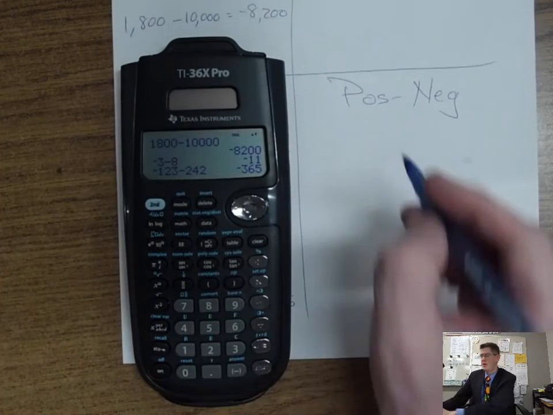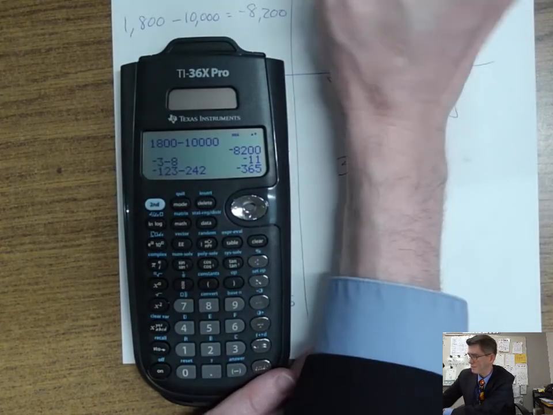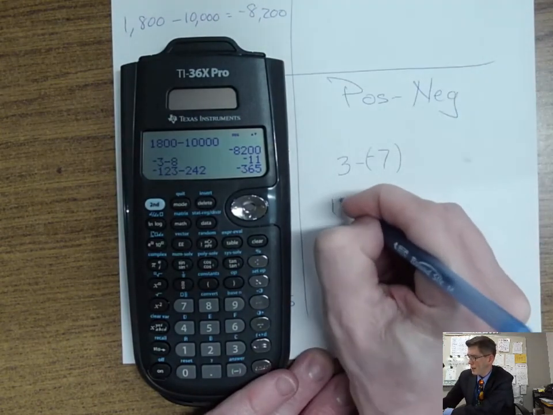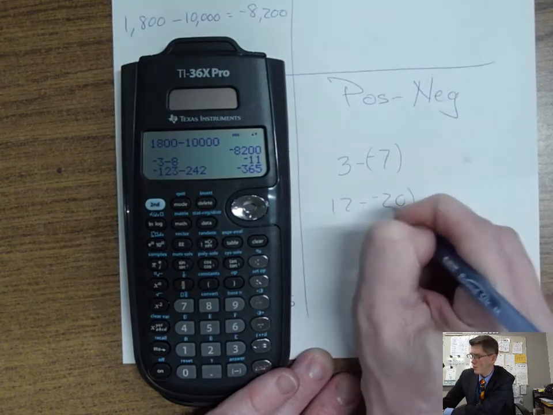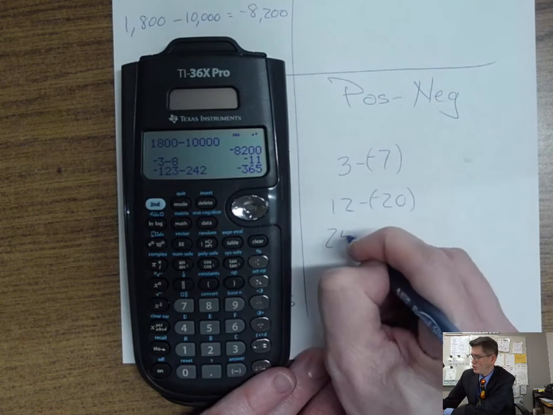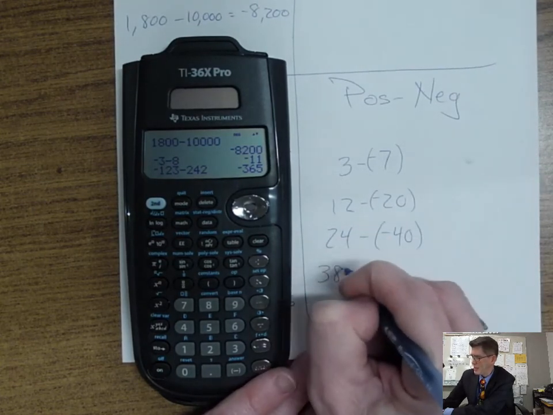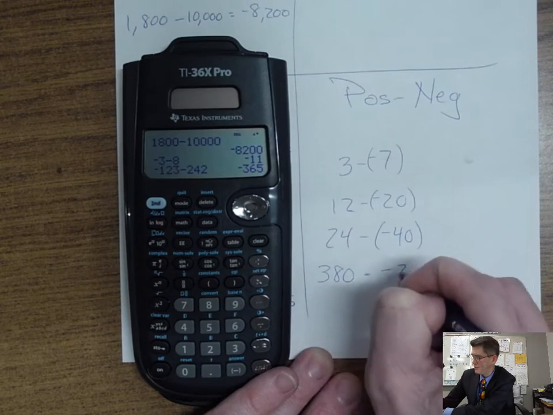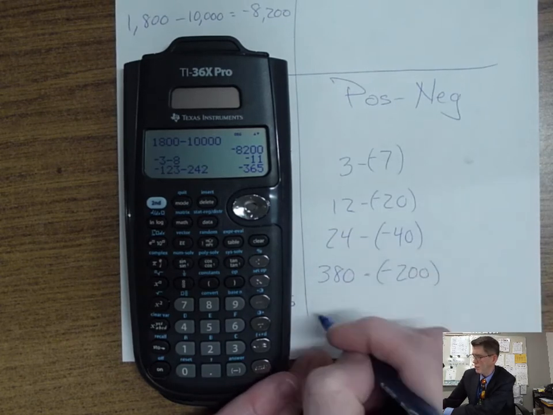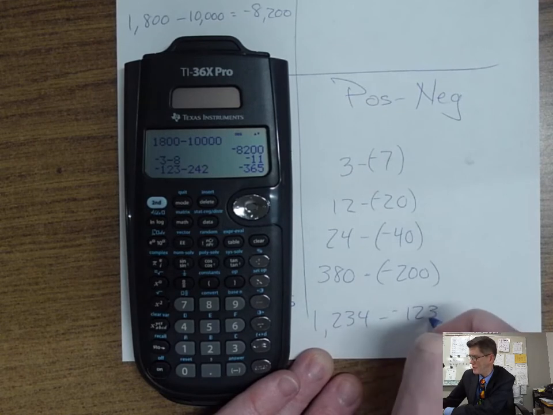These are the ones I really like. 3 minus a -7. 12 minus a -20. 24 minus -40. 380 minus a -200. Let's do one more. 1,234 minus a -1,234.